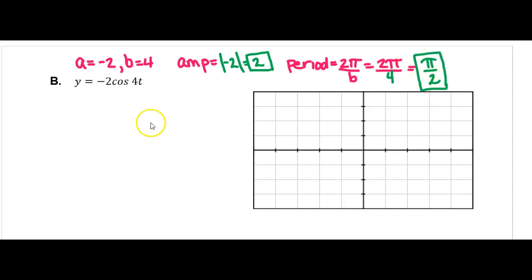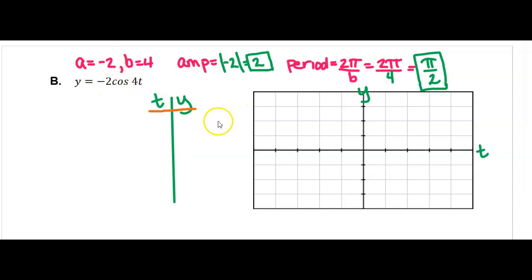Okay, so in this table, t is our x, and we have y. So instead of having theta, y, we are going to have t comma y. Let's first talk about the pattern of our y value. We have a cosine wave, and it has an A value of -2.